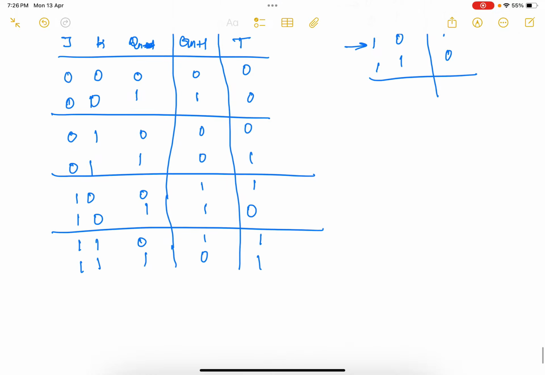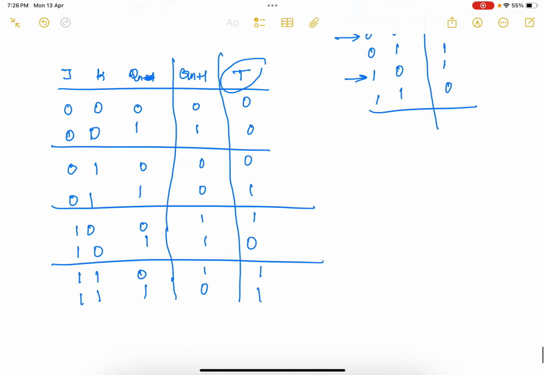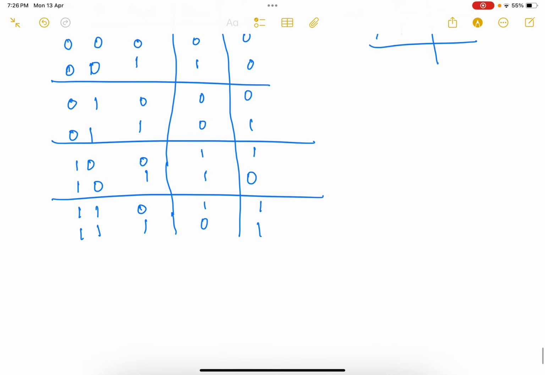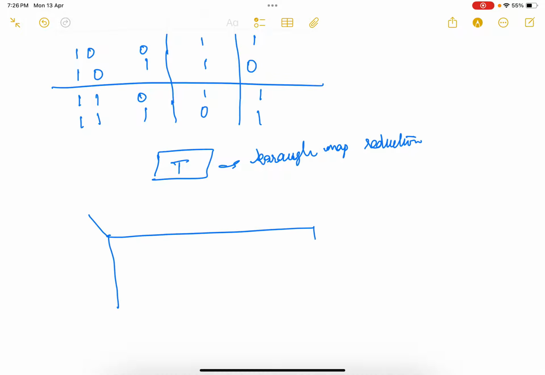Now what you are going to do? Now I am going to draw the Karnaugh map for this T input. It is going to depend on 3 variables.